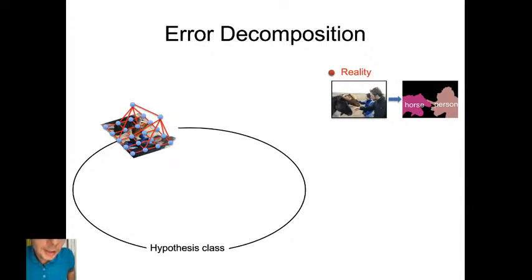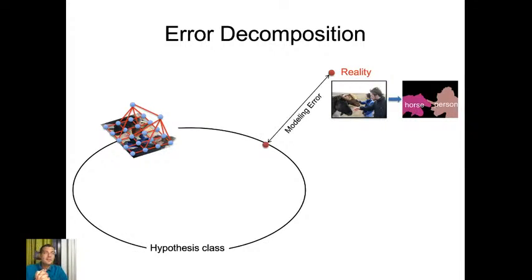Anyway, this is the reality, and this is a complex problem to model. Depending on the type of machine learning that you choose, you choose a hypothesis class. And depending on the complexity of the hypothesis class, you get what's called the modeling error. The modeling error gets smaller if you have a more complex model, and it gets larger if you use simpler models.